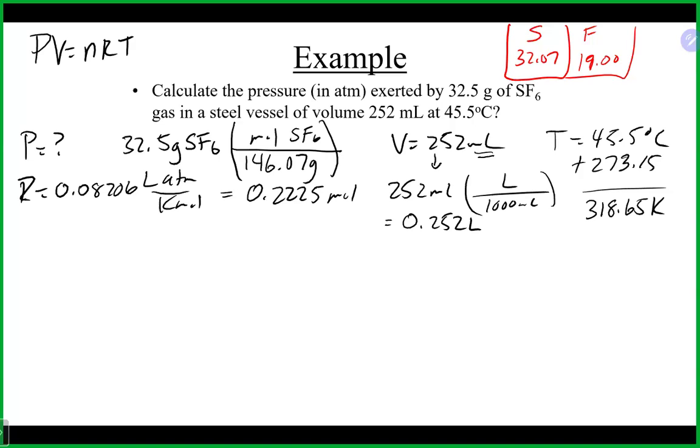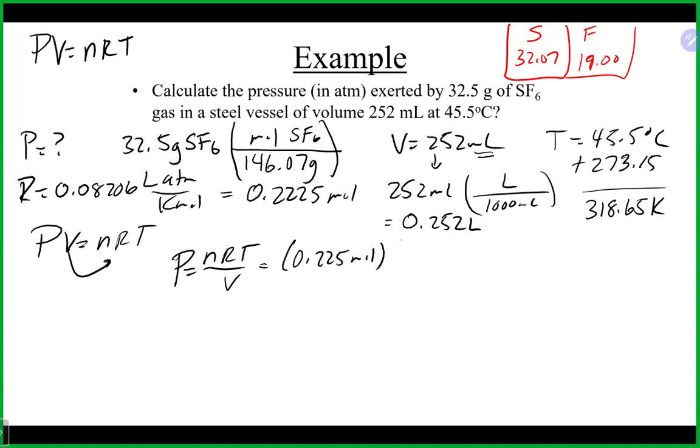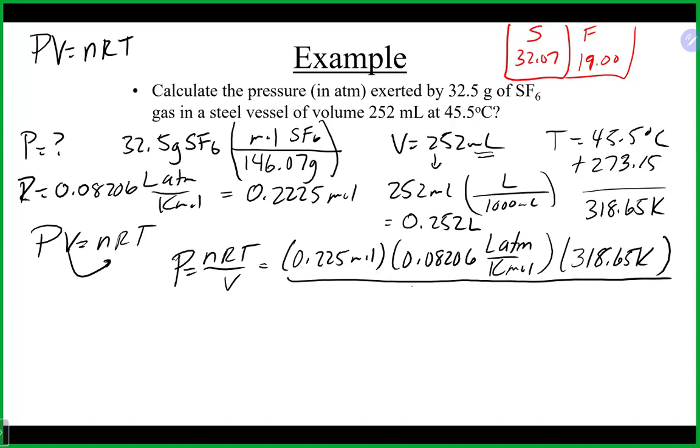So we're going to, once again, solve for P. We divide our V to the other side, and that will give us our pressure: nRT divided by V. Popping in our numbers here, 0.225 moles, our gas constant 0.08206 liters atmosphere per Kelvin mole, and 318.65 Kelvin, all divided by our volume of 0.252 liters.